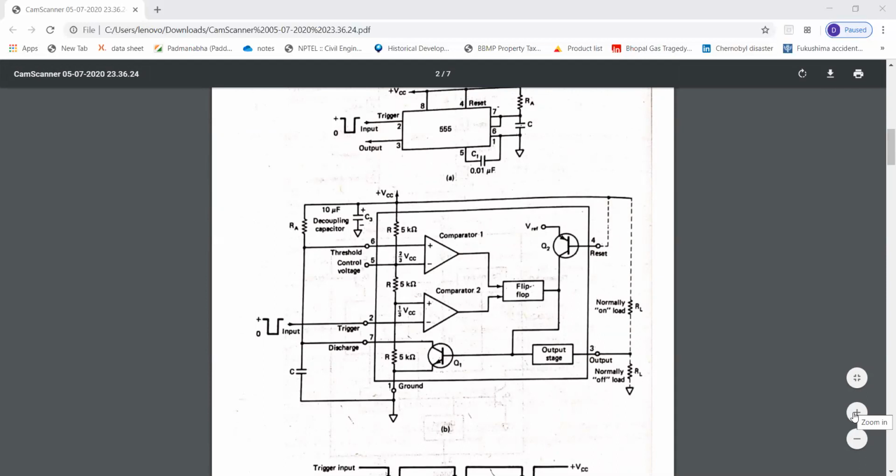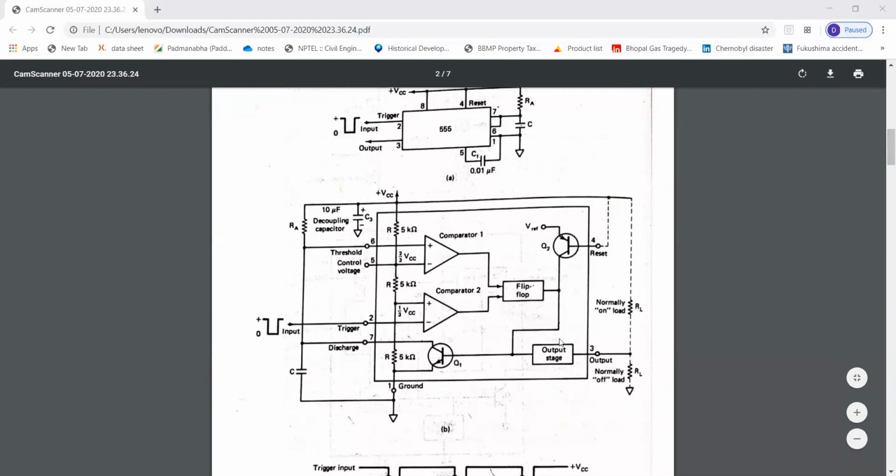Upon application of a negative trigger pulse to pin number 2, the transistor Q1 is turned off. Whenever we apply a negative pulse, the output of the flip-flop will be 1, so the transistor is turned off, and the short circuit across the capacitor is released, which will drive the output to the high state.